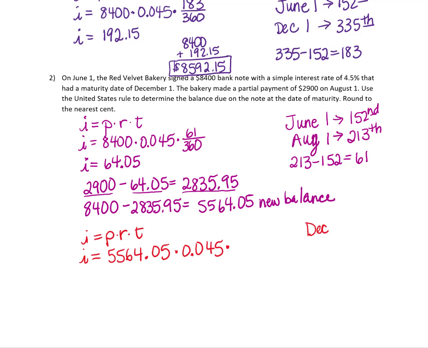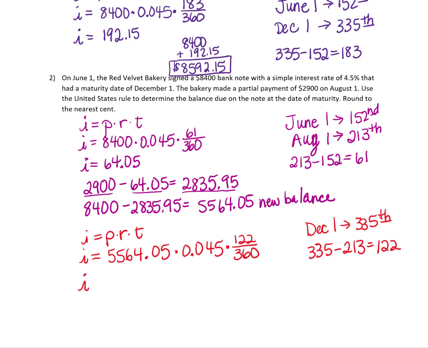December 1st, we saw already, is the 335th day. So we subtract 335 minus 213 to find the number of days from August 1st to December 1st, and that's 122. Using the banker's rule, this is 122 out of 360 days. Then you can multiply all this together and divide by the 360.